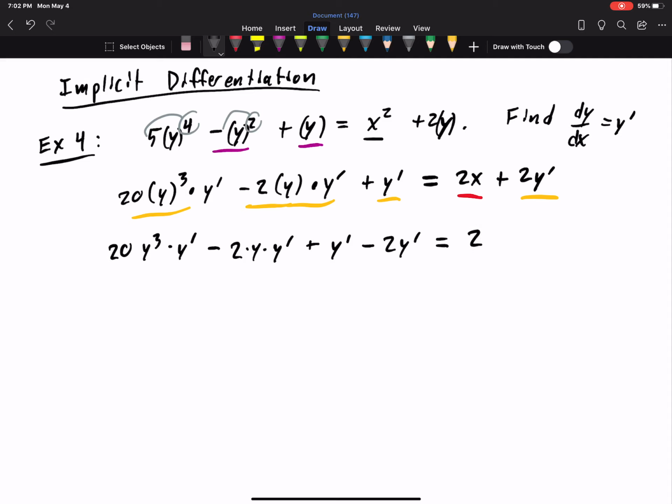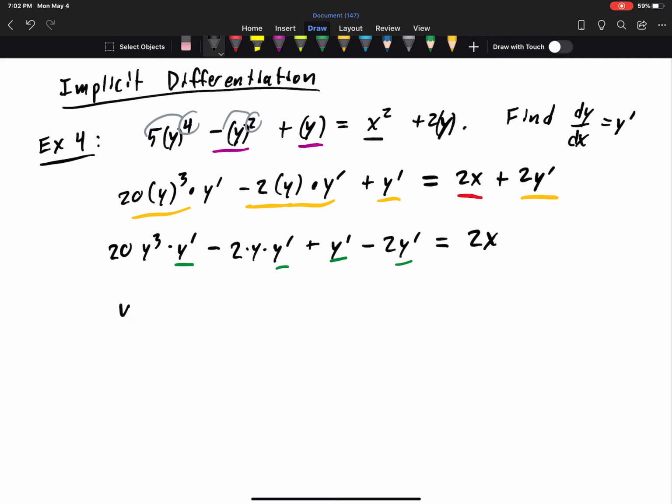And then this is all equal to 2x, which we're going to leave on the other side, because it doesn't have a y prime attached to it. Everything on the left-hand side has a y prime. So now what we're going to do is factor out our y prime, because we have a y prime in common across all 4 terms. All right? So that's what we're going to do.